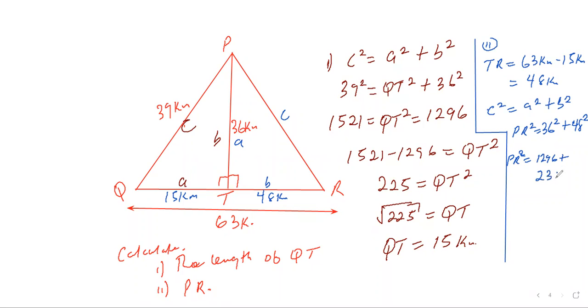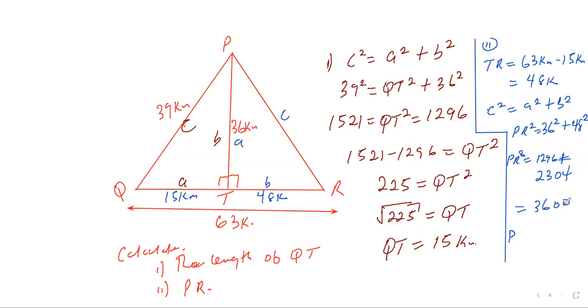So we add 1,296 plus this. When you add the two, what do we get? 3,600.